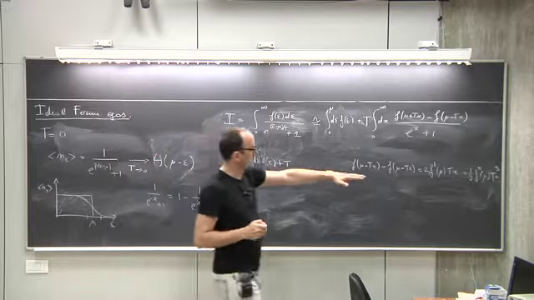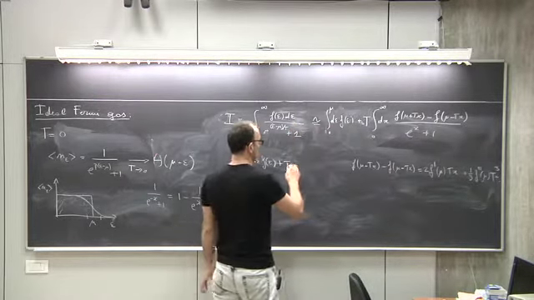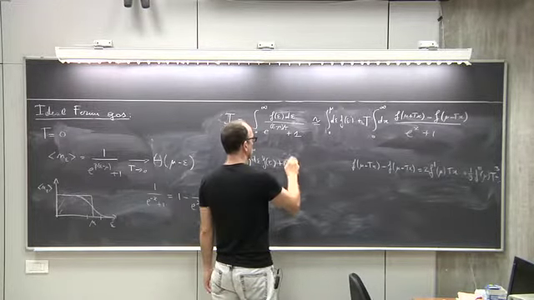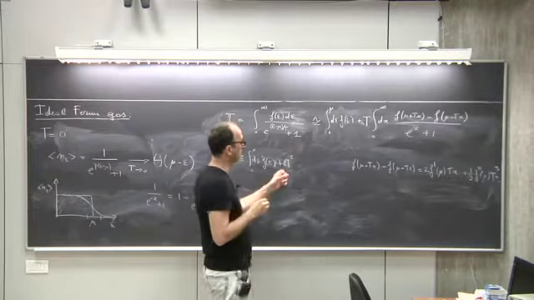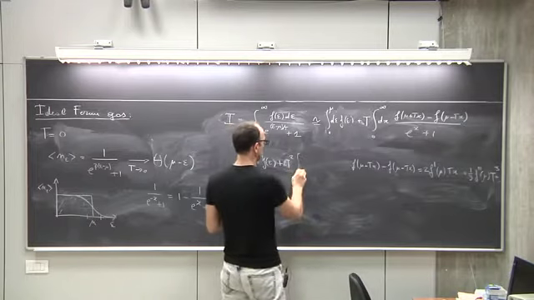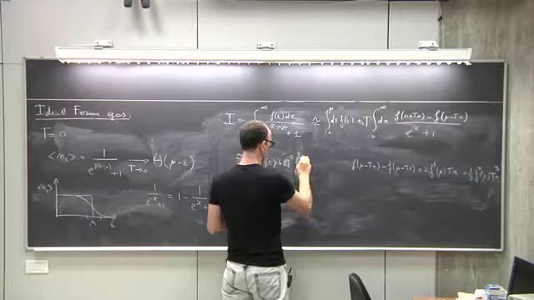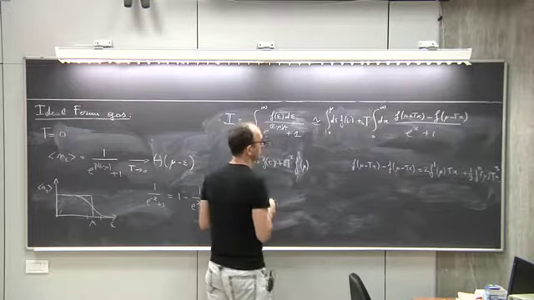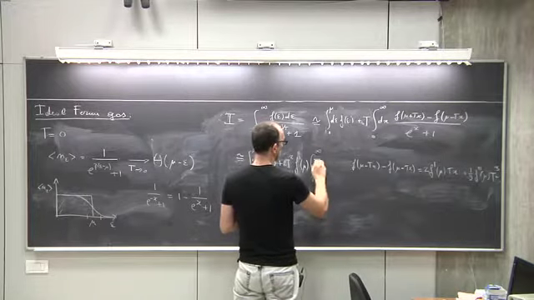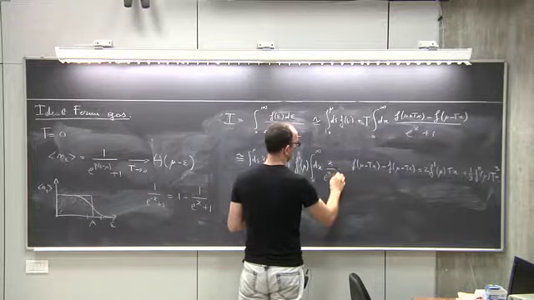So if you put this expression here, then what you find is that the next order term will be proportional to 2t squared times f prime of mu times an integral from 0 to infinity dx of x over e to the x plus 1.